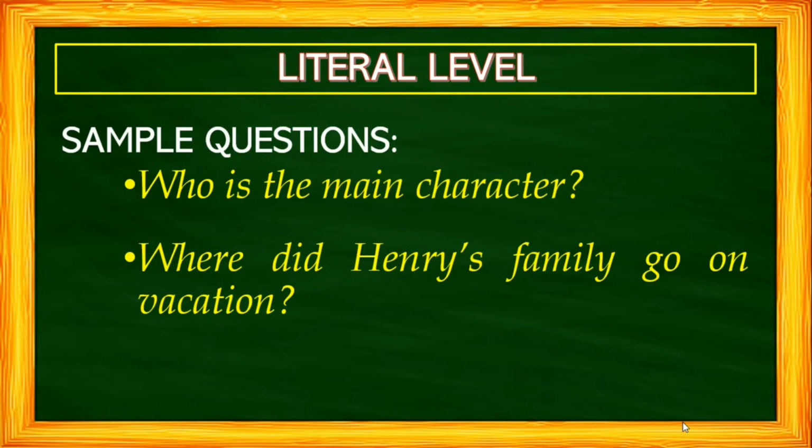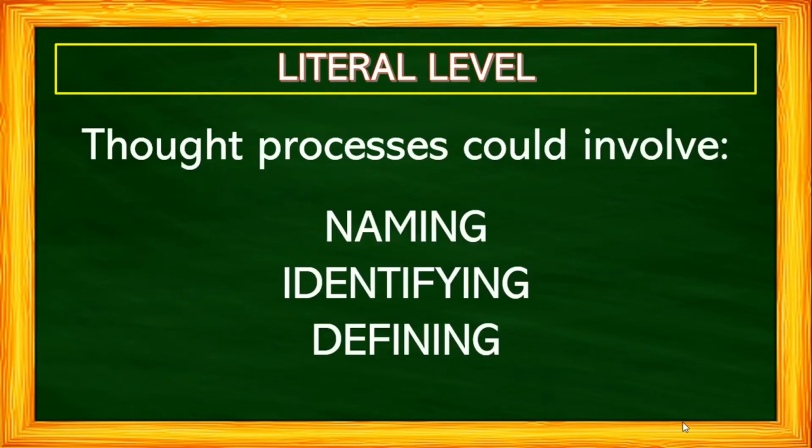First, who is the main character? The question started with who. Second, where did Henry's family go on vacation? This question started with the word where. Under literal level, thought processes could involve naming, identifying, defining.